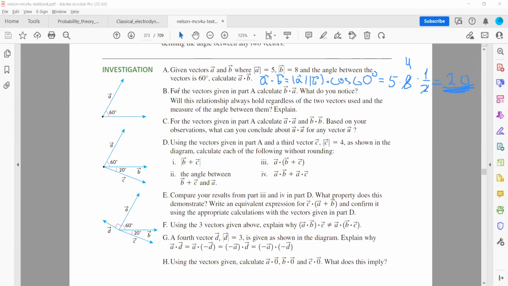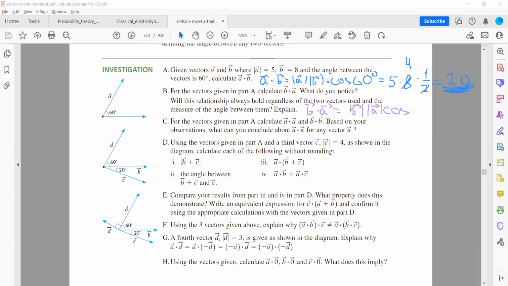Let's move on to question B. For the vectors given in part A, calculate B dot A. Okay, let's see. Will the result change if we multiply B by A? Again, I'll write down the formula. I'll have modulo B times modulo A times cosine.